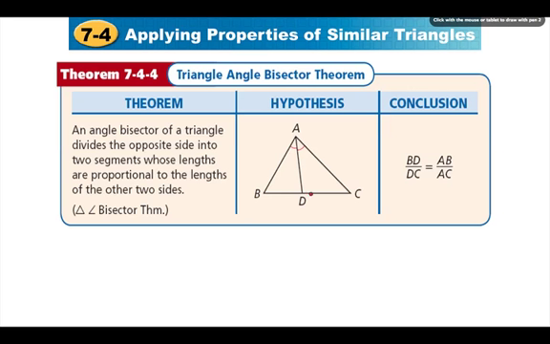So these are the opposite sides. They have two segments whose lengths are proportional to the lengths of the other two sides. So this is what it says. BD over DC is going to be equal to BA, or AB, over AC. Okay, let's move on to the next slide and let's apply this.